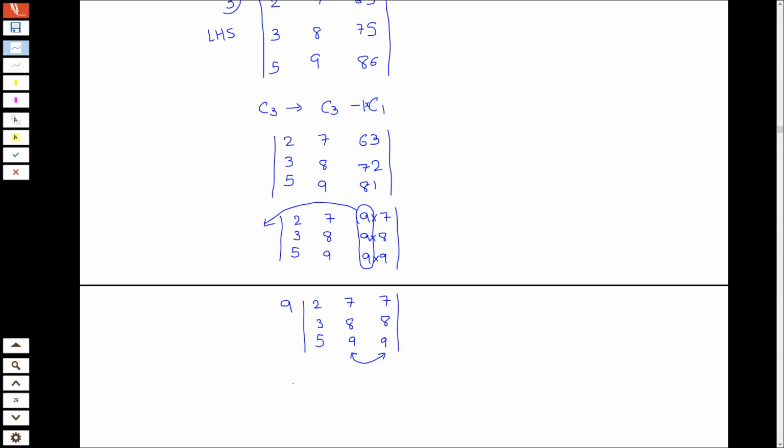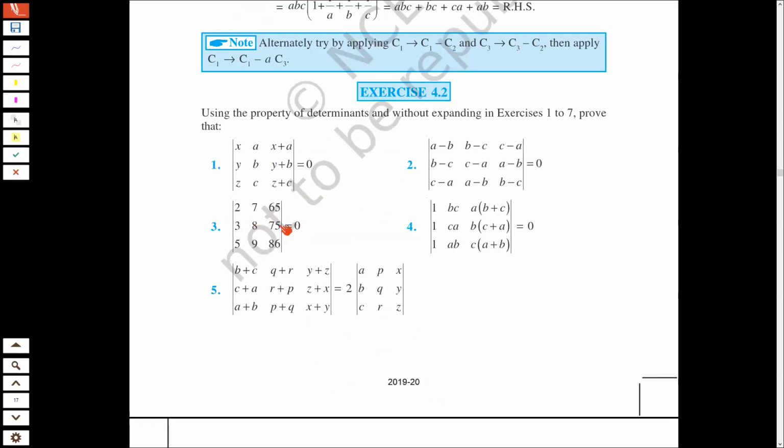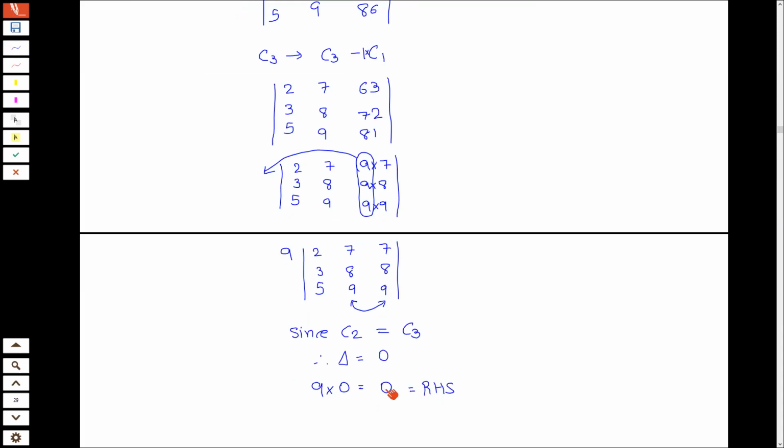So we can say that since column number 2 is same as column number 3, therefore value of determinant delta will be 0. Okay, so therefore 9 into 0 will be 0, and this is the same as right hand side. So पूछा था कि this determinant is 0, prove करो without expansion. So we are able to prove without expansion.